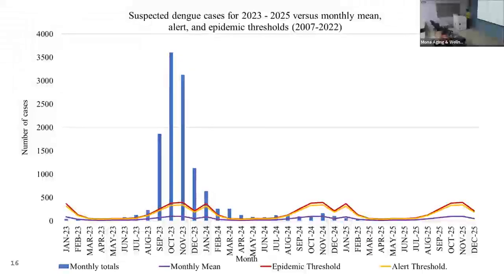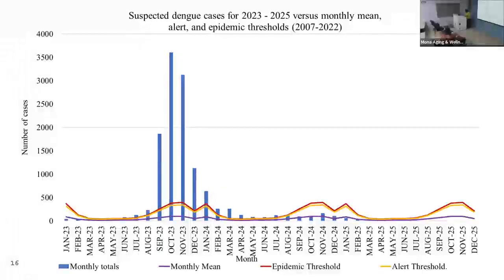Looking at years of data from 2007 to 2022, when we look at the number of cases in January 2007, January 2008, January 2009, up to 2022, on average, what we would usually see, that's what we see in purple.